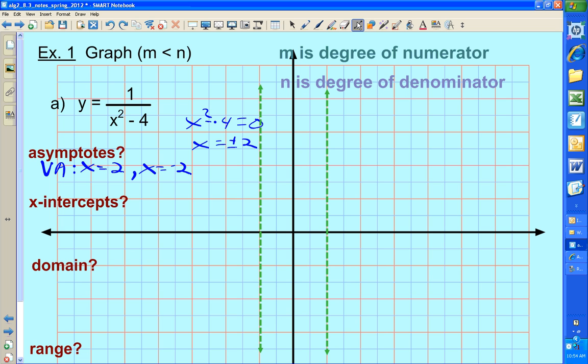In this case, just 1. And we have an infinite number of people in the bottom. How much cookie did you get when we did that? Nothing. So we're going to say y equals 0 is the horizontal asymptote. So we're going to plot that right here.